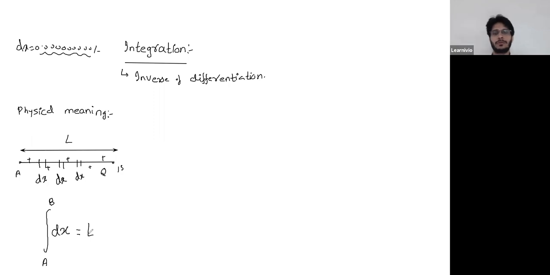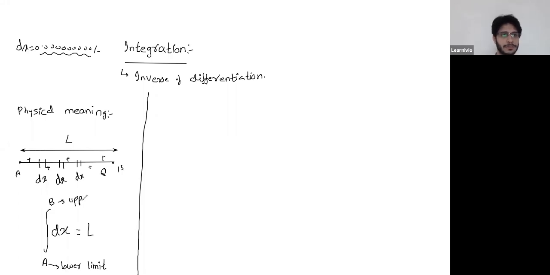So if I combine all small elements from A to B, that will be equal to the total length of the rod. This is the physical meaning of integration. Physically, to integrate means you are combining elements from one point to another, with A as the lower limit and B as the upper limit.